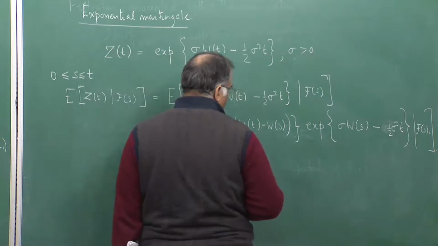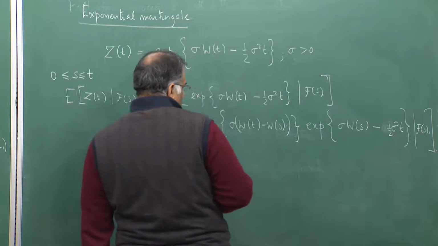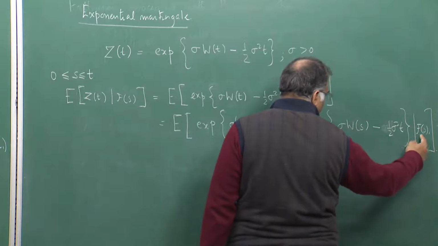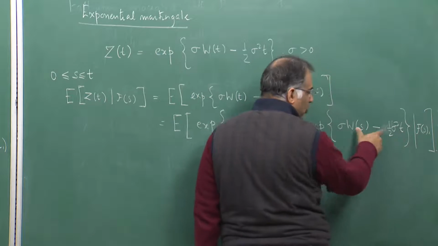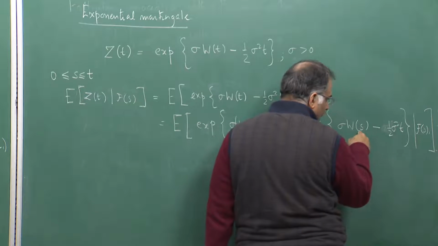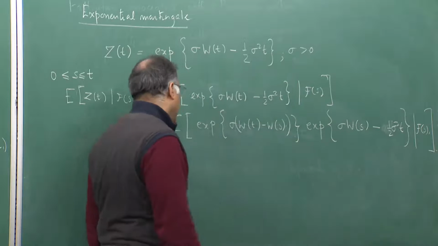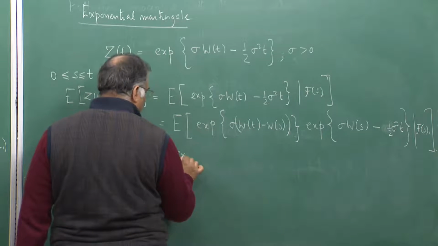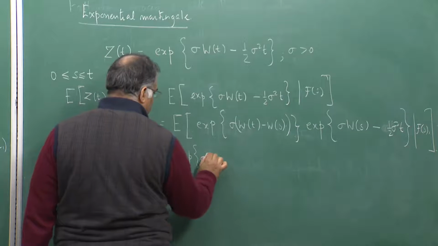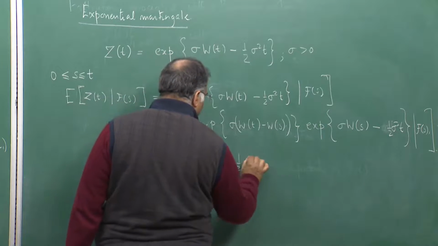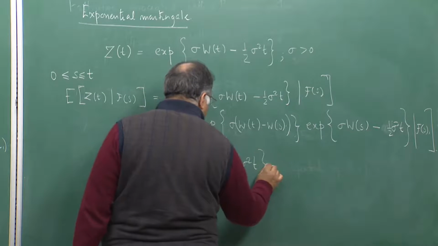You see, this part is known to me at time s, because it only depends on the evolution of W, the random variable, up to time s. So, taking out what is known, I will have the exponential. It is very important to get certain technicalities cleared before you move, so that you are applying the results correctly.